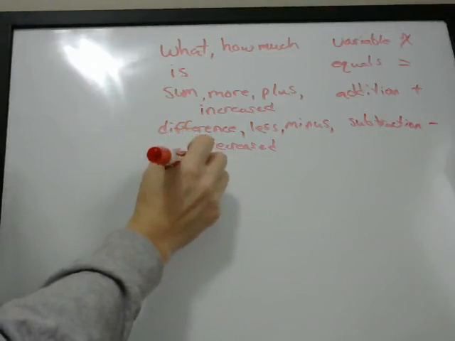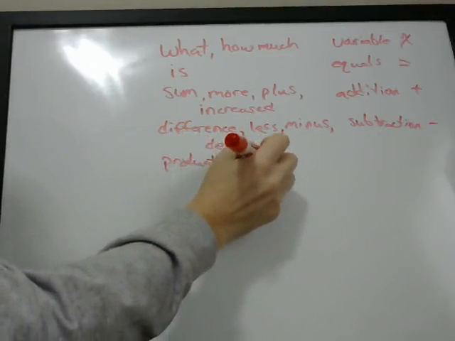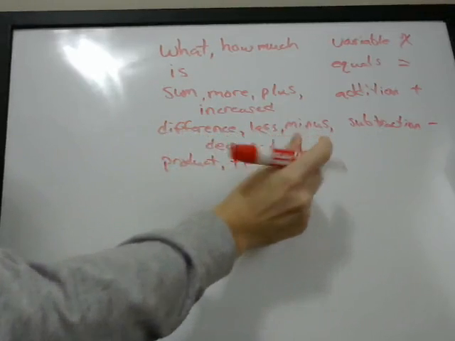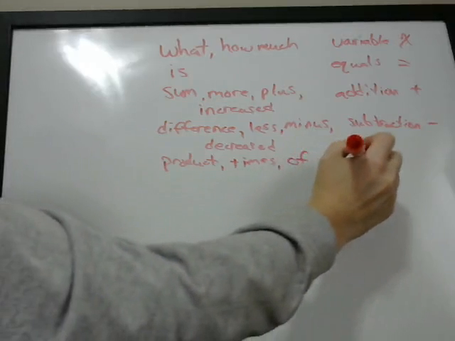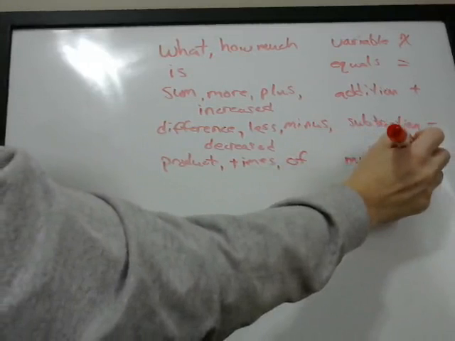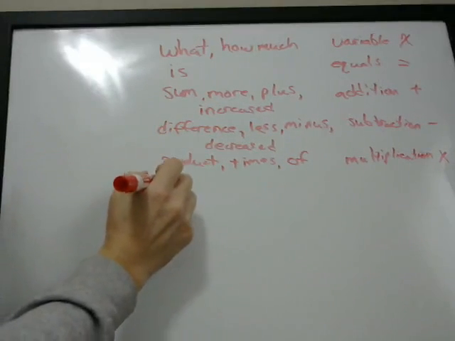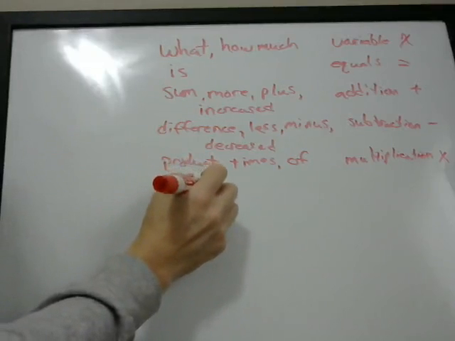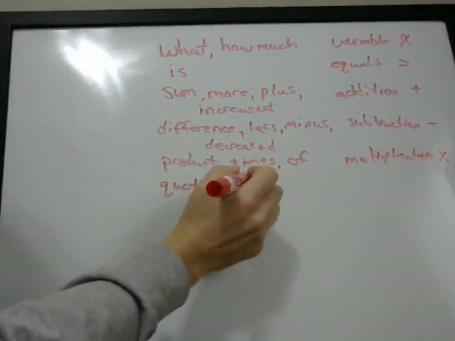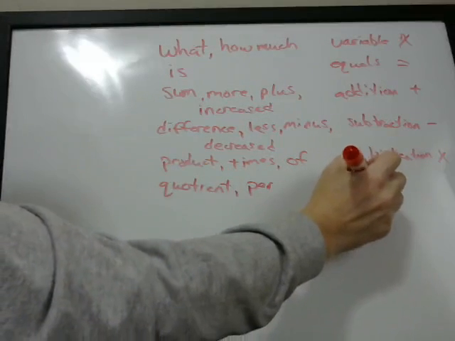Product, times, of is going to be a big one. Means multiplication. This will make sense in a second here. Quotient, per, means division.